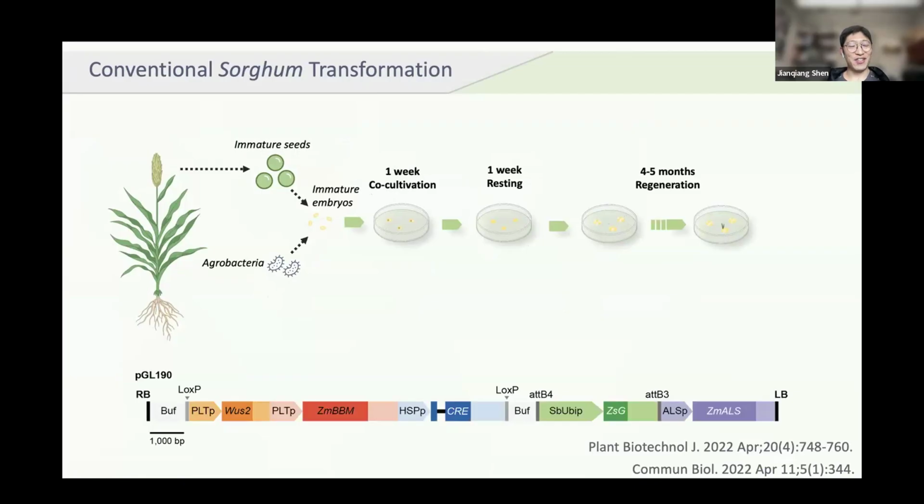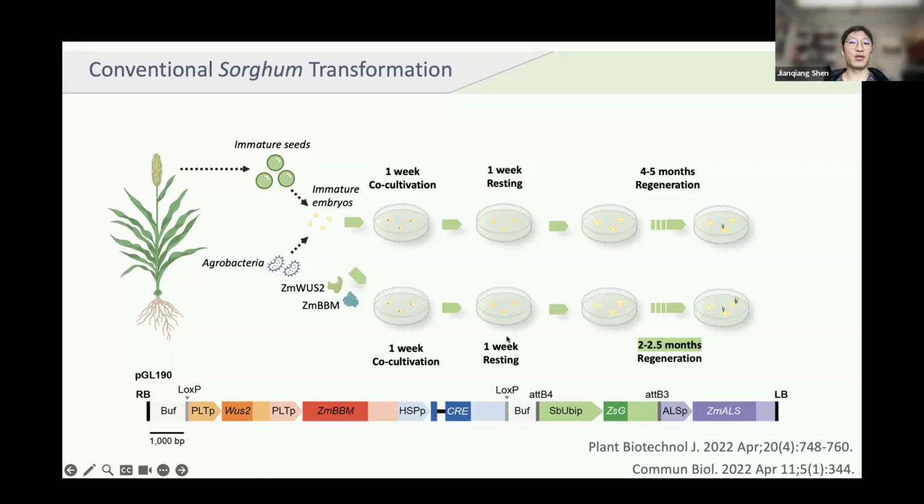Then we developed this construct using Baby Boom and Wuschel, but integrated Baby Boom and Wuschel might cause developmental deficiency, so we have to excise it after transformation. Applying Baby Boom and Wuschel, we still have 1 week co-cultivation and 1 week resting, but it cuts the time by half. The regeneration is reduced to 2 to 2.5 months, which is great.